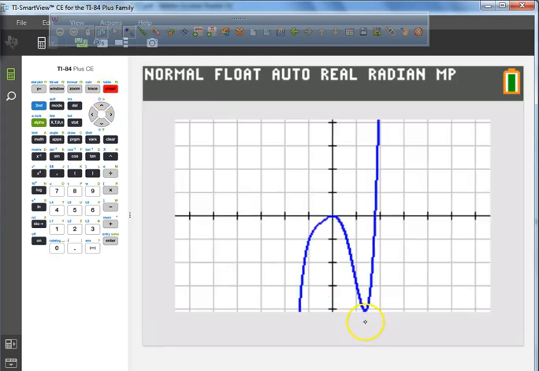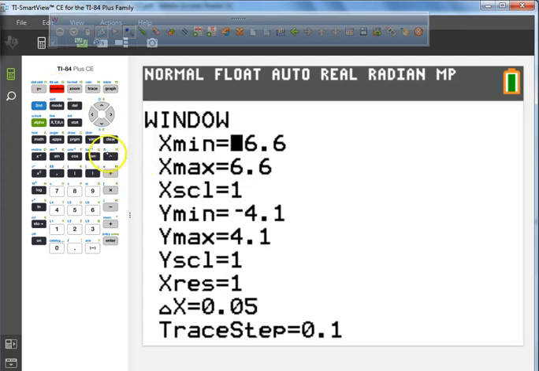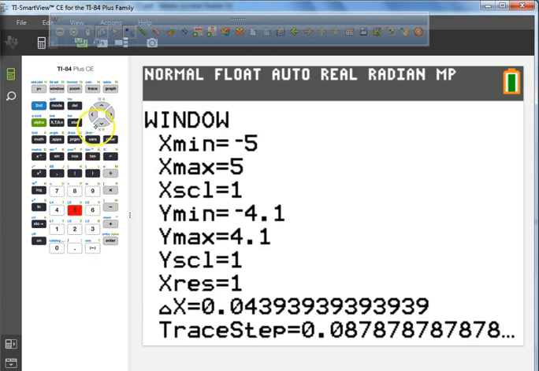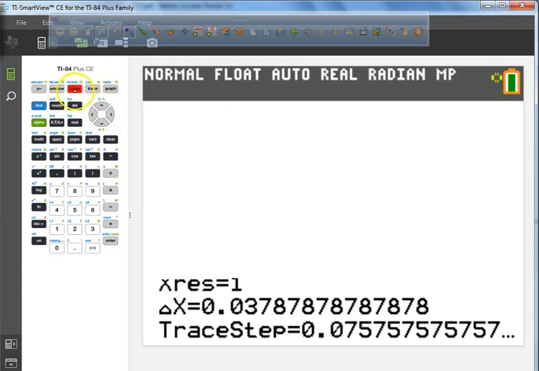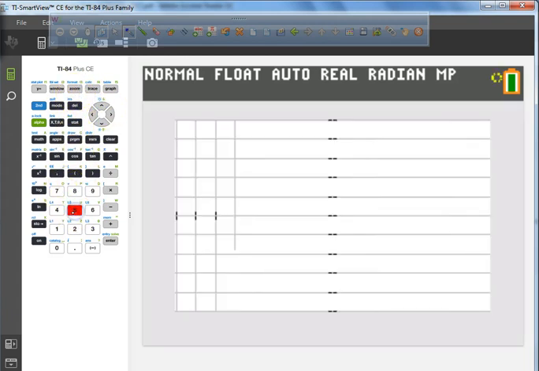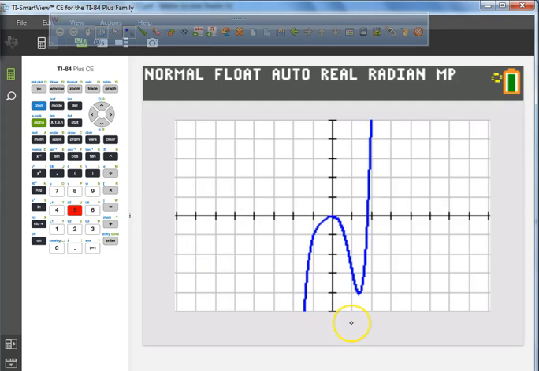There it is. Okay? Now, it looks like all of your windows actually go from -5 to +5, and your y values also go from -5 to +5. And I'm going to make that square. There we go.